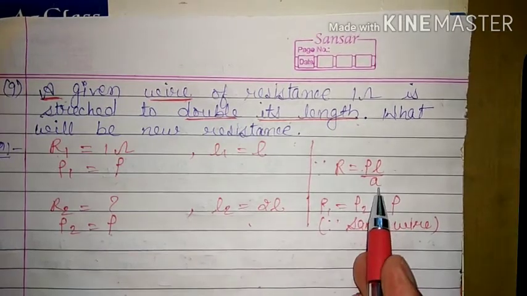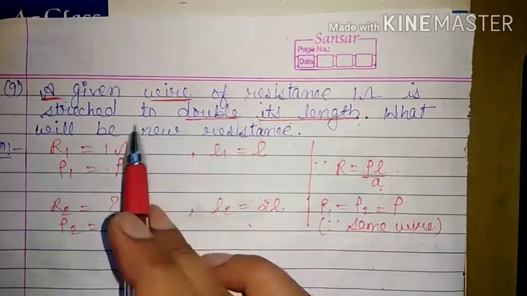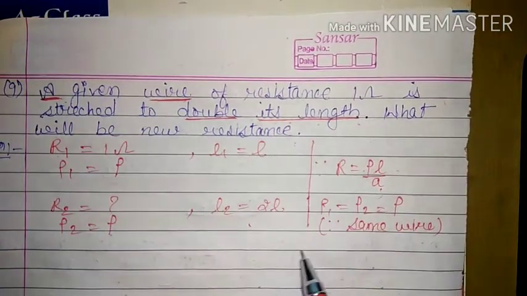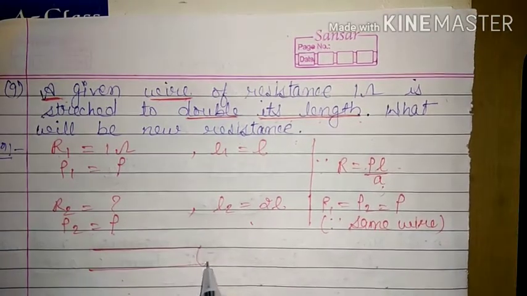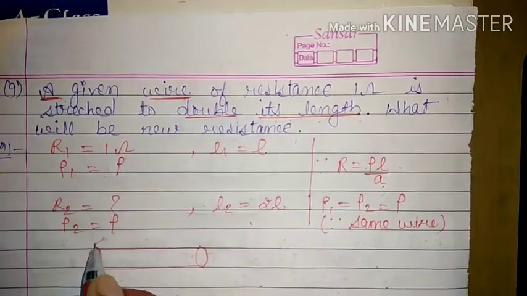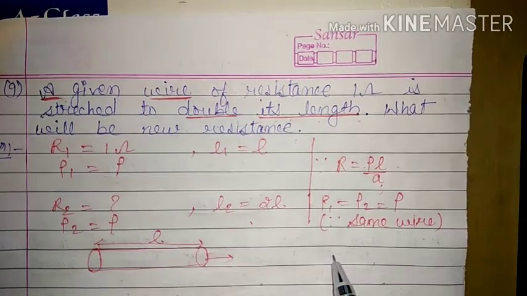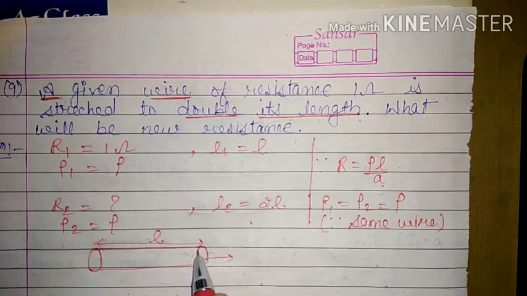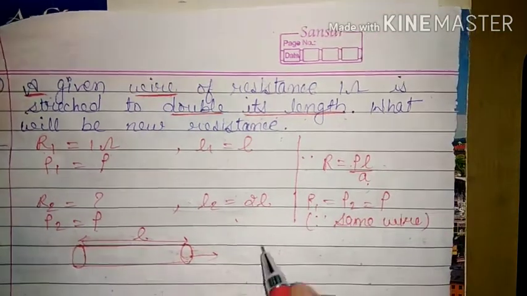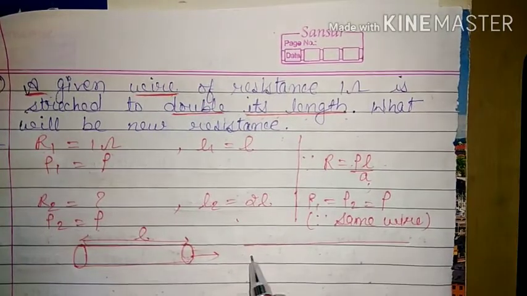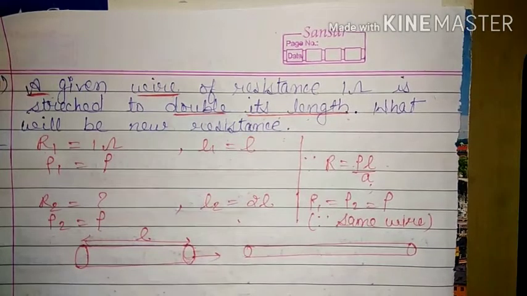Now what we want is area. See, here one single wire is there and it is stretched to double its length. That means if initially this was the wire, and let its length be L, now if you stretch the wire, then obviously its cross section area will decrease. Yes or no? If you double its length, then its cross section area will obviously decrease, because we are not changing the volume.